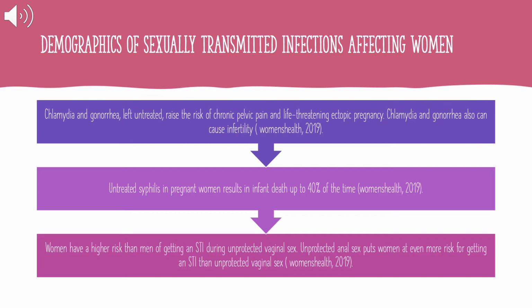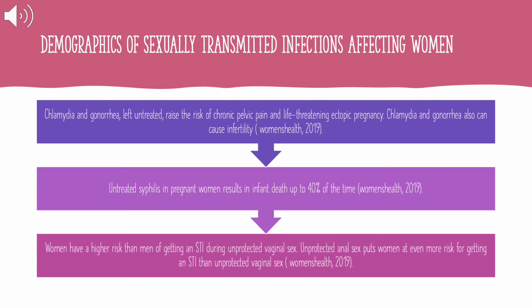Untreated syphilis in pregnant women results in infant death up to 40% of the time, which is never a good thing, because a lot of times you might not know you have it, and whether you're married or have a boyfriend or trying to get pregnant and you don't know you have it, when you're giving birth, that increases the risk of your baby dying, which is never a good thing.